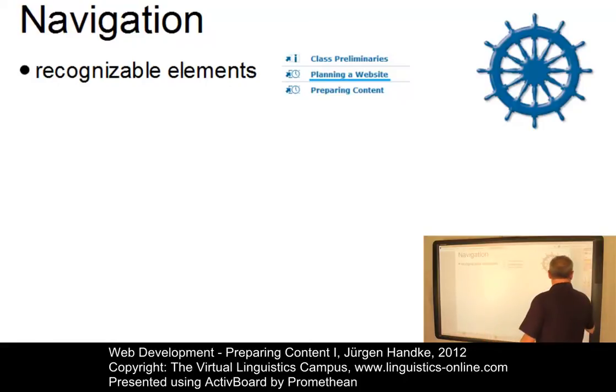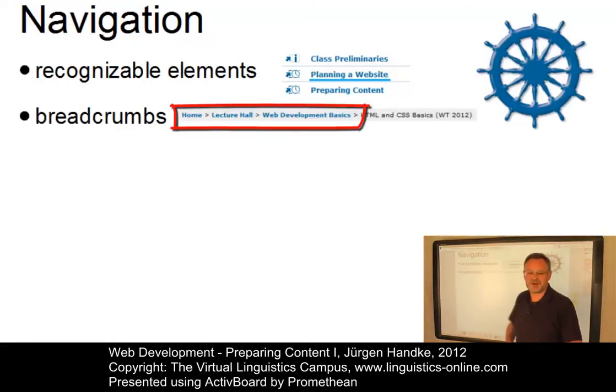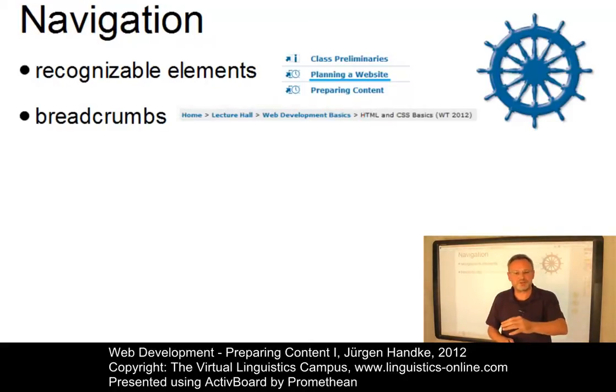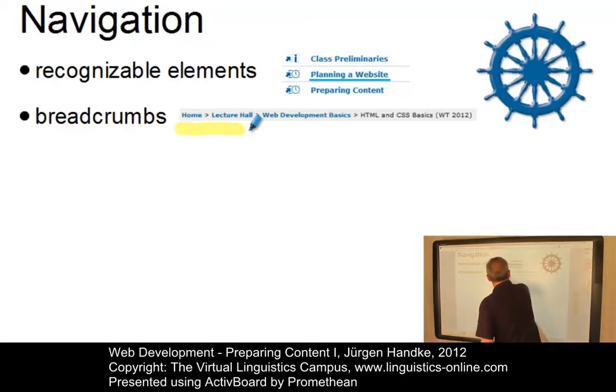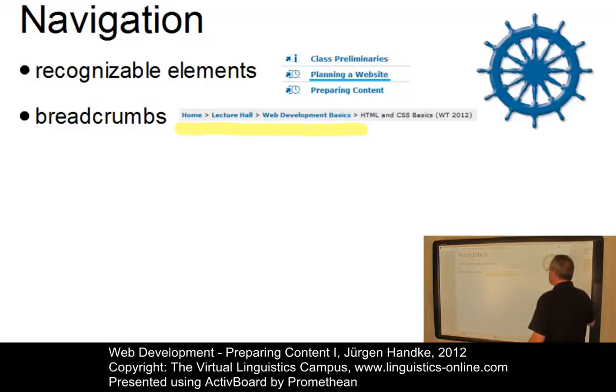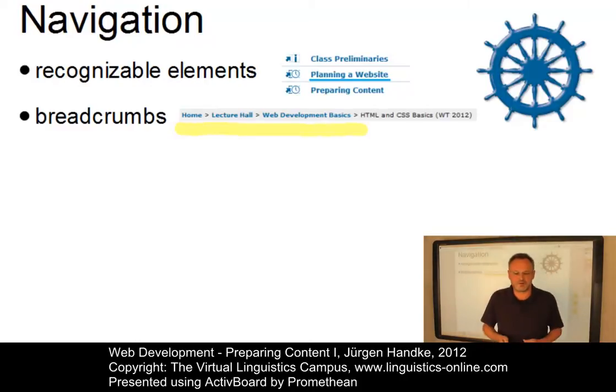Breadcrumbs. Well, breadcrumbs are important in two ways. Users can easily return to more general levels of the site structure. Furthermore, breadcrumbs can be an element of orientation. An example for breadcrumbs is the menu line you can see over here, the menu line which is associated with one of our VLC classes.